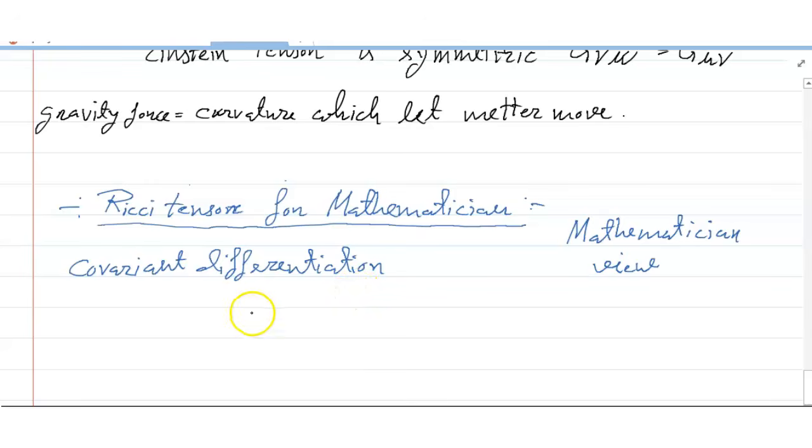So A i j dot k and A b dot c comma m. We need to learn covariant differentiations, so let's start to discuss.